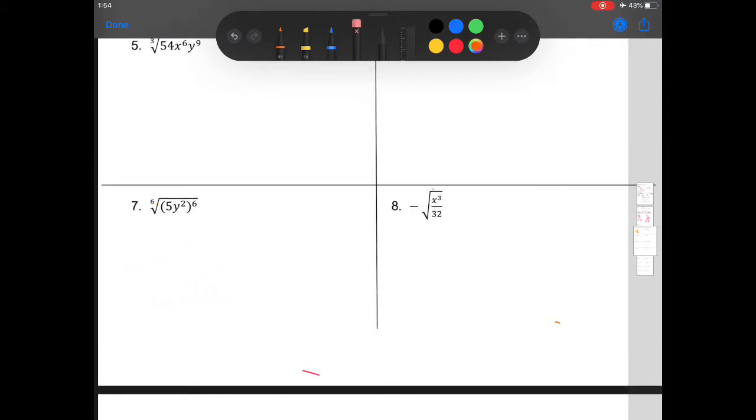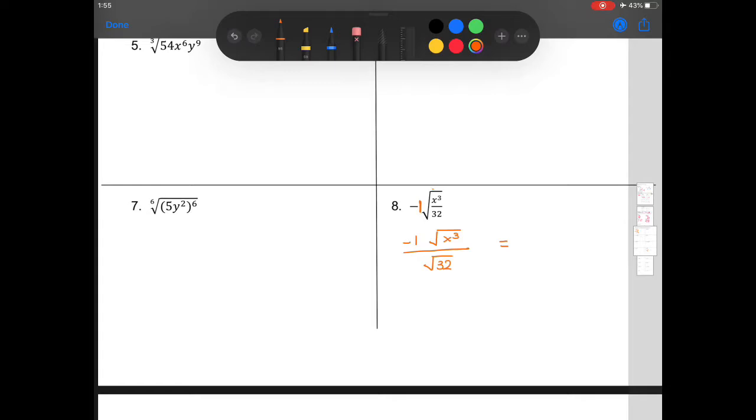Number 8. So for number 8, I'm going to rewrite it, separating the radical in the numerator and the denominator. There's a 1 again here. So it's -1 rad x cubed over radical 32. Right?